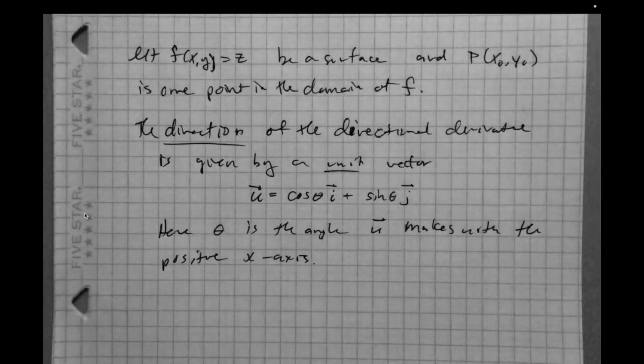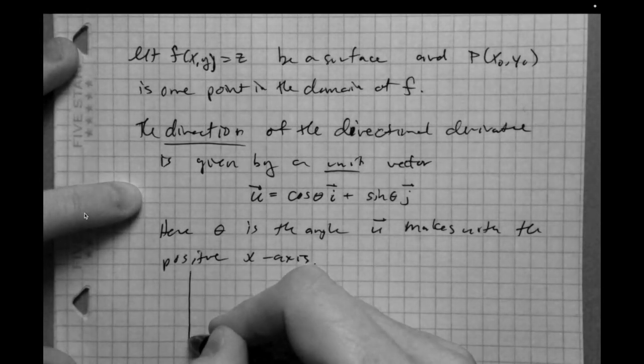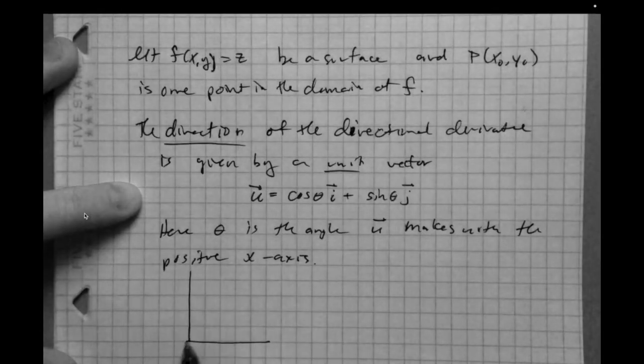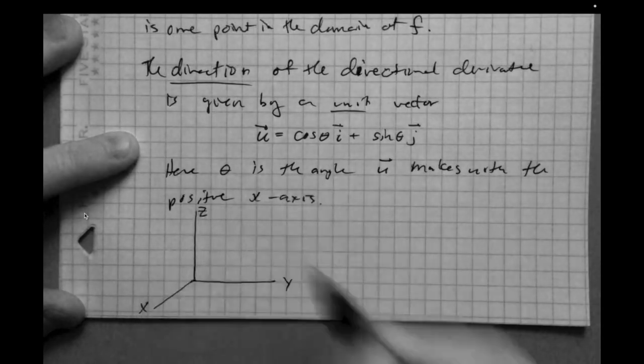We're going to start by defining what we mean by the direction of the directional derivative, and that all starts with this unit vector that provides us with the direction. So u equals cos theta i plus sine theta j, and here theta is the angle that u makes with the x-axis. We'll be augmenting this picture regularly, but here's your x-axis, your y-axis, and your z-axis.